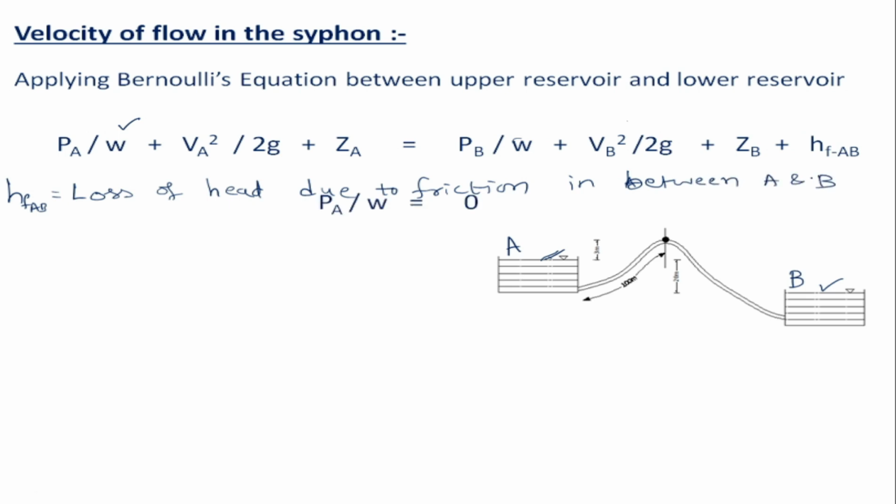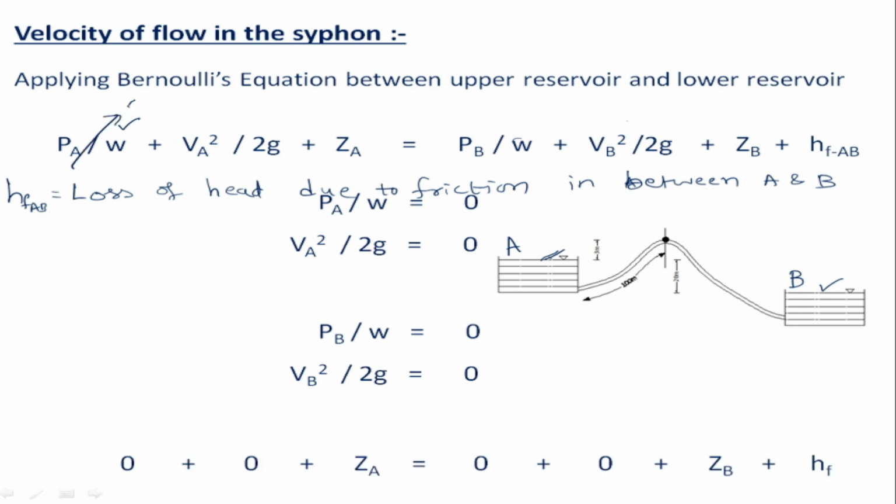We know pressure head and velocity head in the two water reservoirs are 0. Substituting these values, we get 0 plus 0 plus ZA is equal to 0 plus 0 plus ZB plus loss of head due to friction. ZA minus ZB is equal to HF.